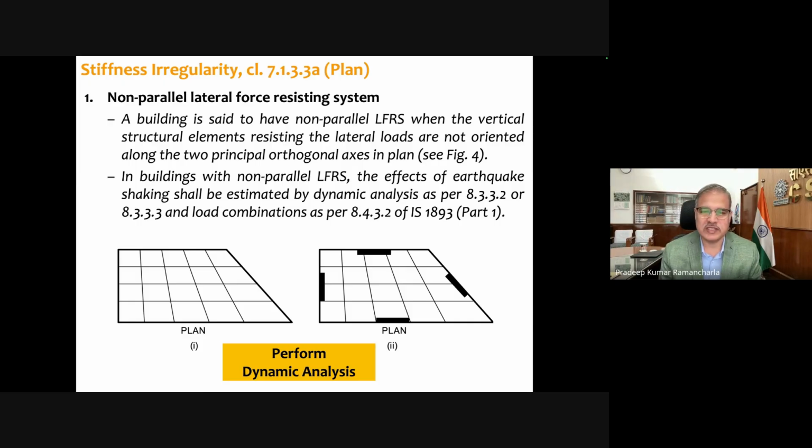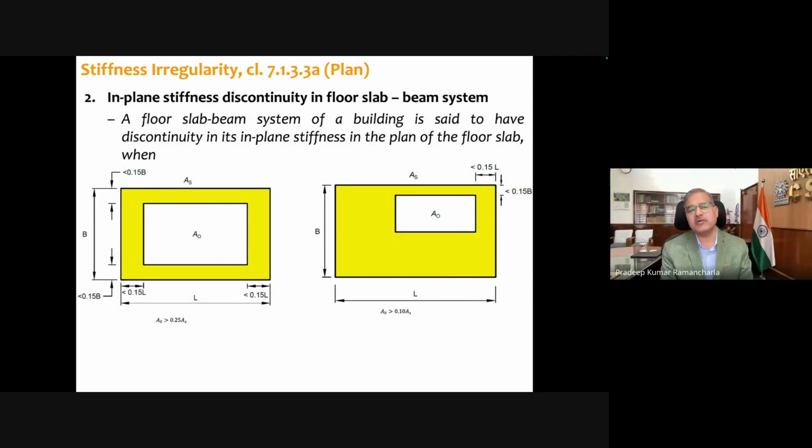Whatever forces or stress resultants come out as an outcome should be taken for design. So that is the extra effort we need to do when frames or lateral load resisting systems are not parallel. There are 3 stiffness irregularities in plan.